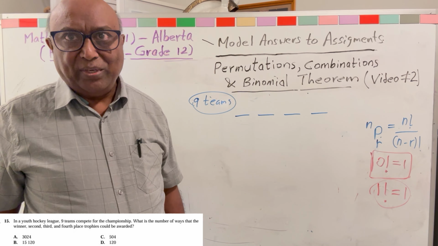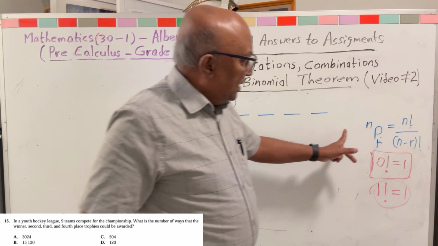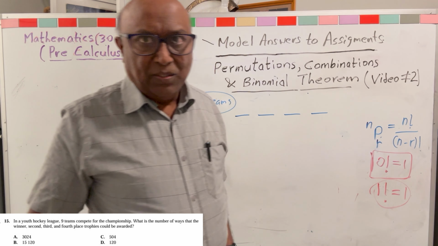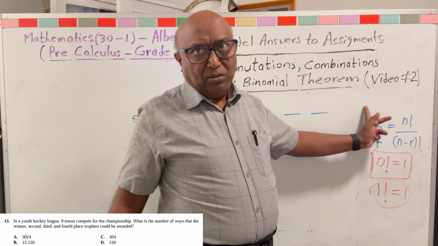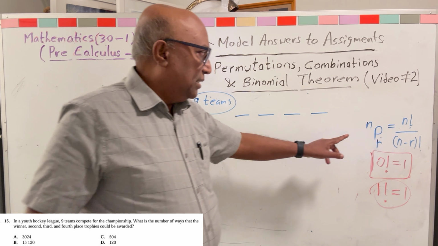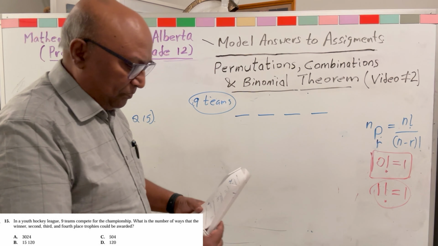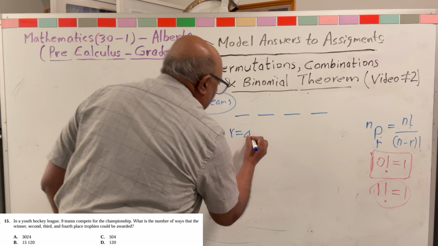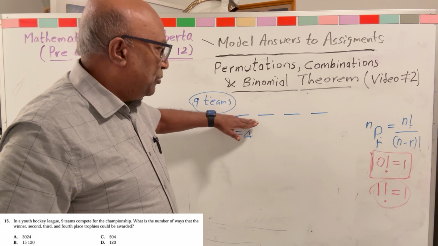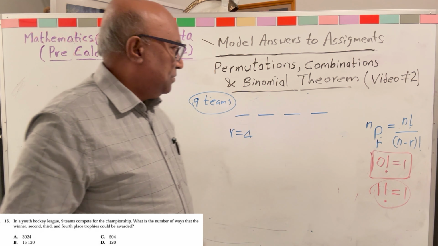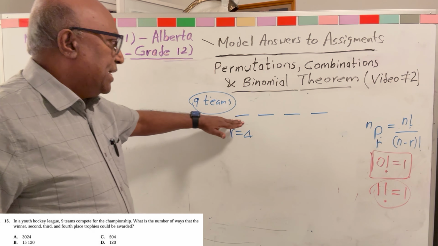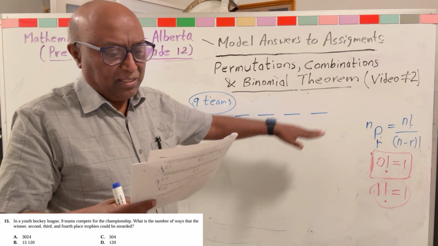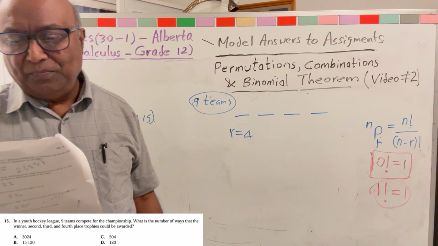That is one way of doing it. Otherwise, simply we can substitute into this equation. R is equal to 4, because we have to fill 4 different spaces. Order matters, because they have specified the order.